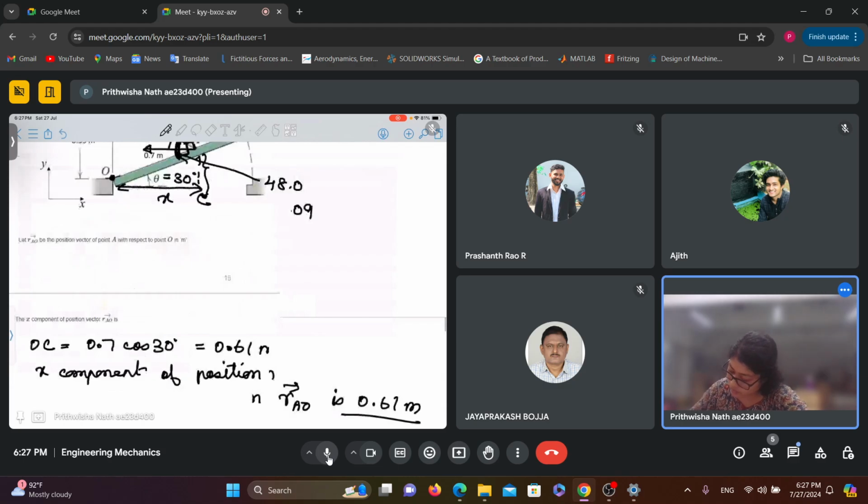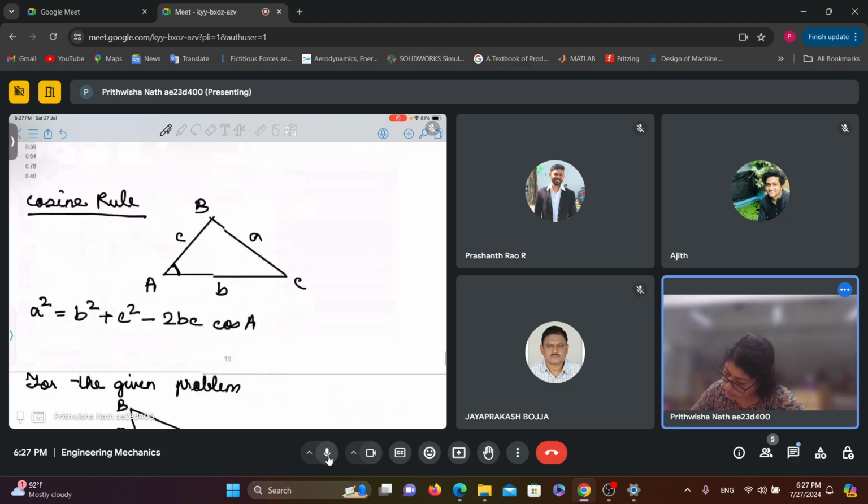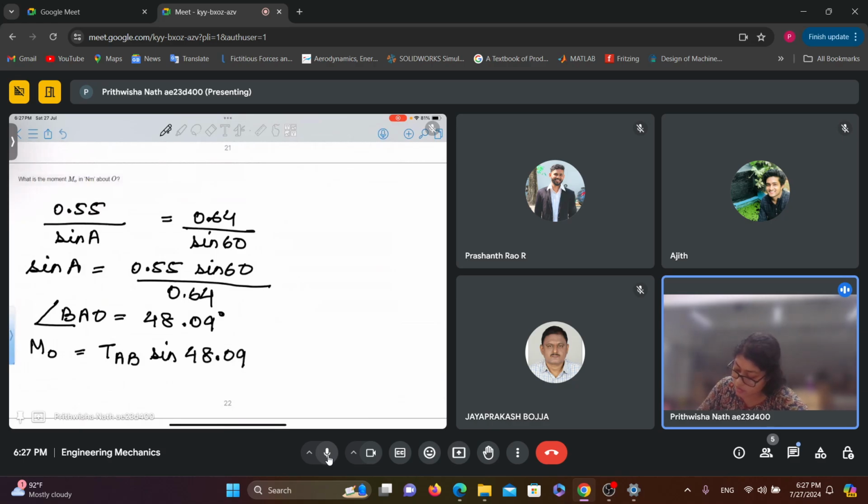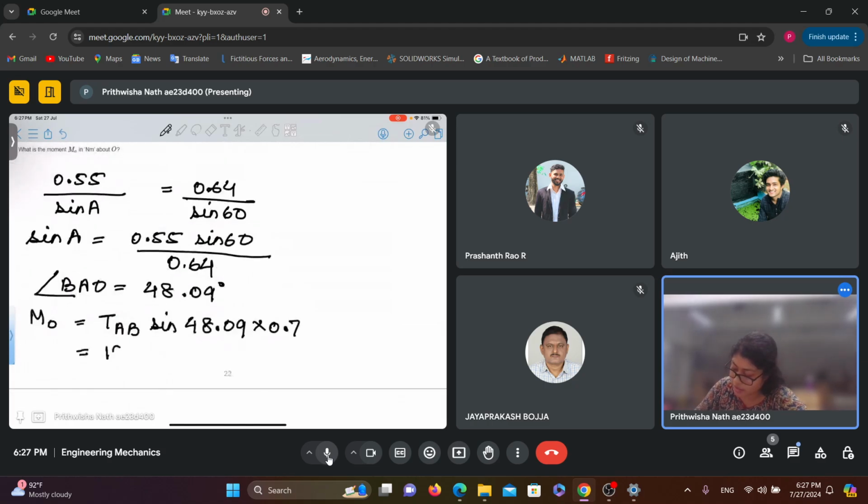So MO is TAB sine of 48.09 into 0.7, that is 130.23 Newton meter.